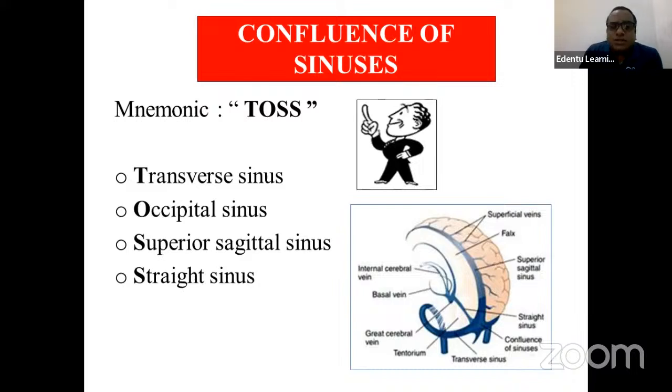At the confluence of sinuses, 4 sinuses will meet. And the mnemonic is TOSS, T-O-S-S. The T for transverse sinus, occipital sinus, superior sagittal sinus, and straight sinus. So I hope it's very clear. It's there in your textbooks, whichever books you are following, but this mnemonic is not there. With this mnemonic, you can easily reproduce this answer. So done.